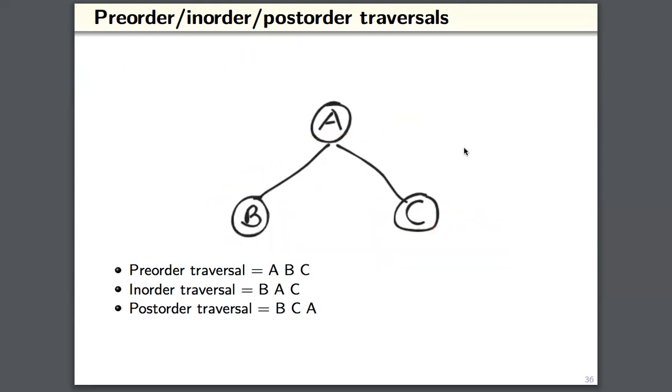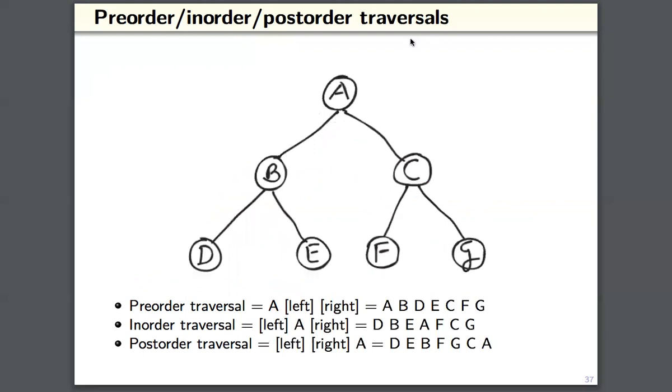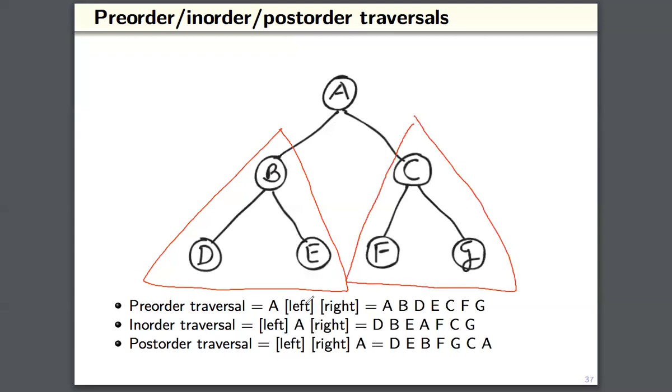Okay, so this was a simple example. What about this example? Pre-order. So visit A first, and then this left subtree, and then this right subtree. So hence we have written as left subtree of A, right subtree of A. Now let's look at left subtree of A. How do we visit this in a pre-order traversal? Root first, right?